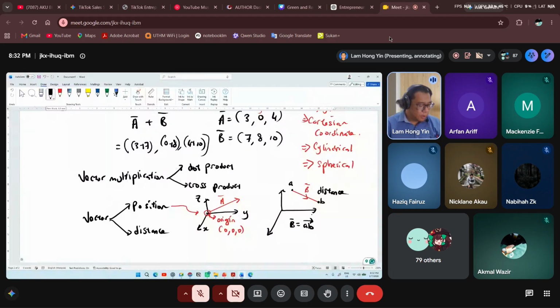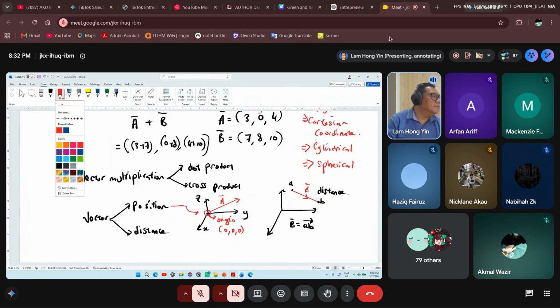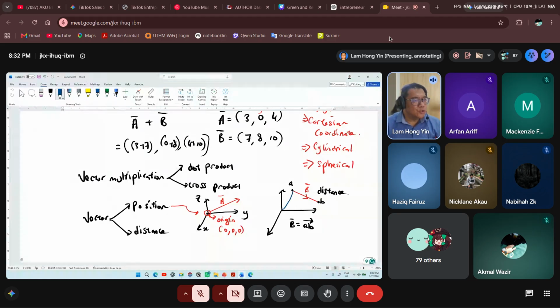But in order to identify my vector B, the distance vector actually relies on the position vector. How do we say it relies on the position vector? Because from the origin to the point A, a straight line, this is what we call a position vector.